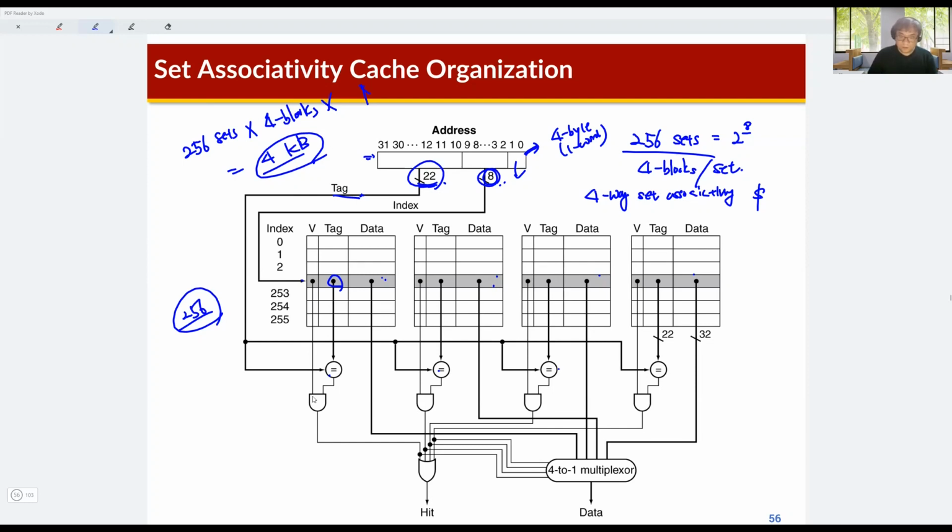If the requested data exists in one of the cache blocks in the target set, then it becomes a hit. So this is the organization of the set associative cache.